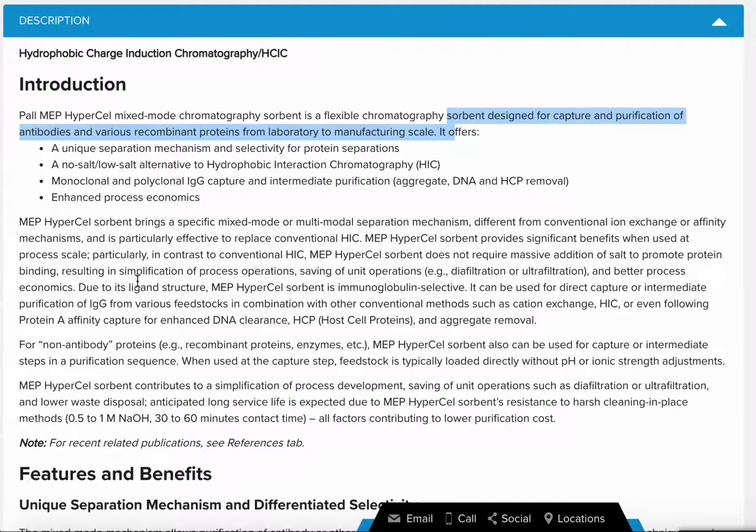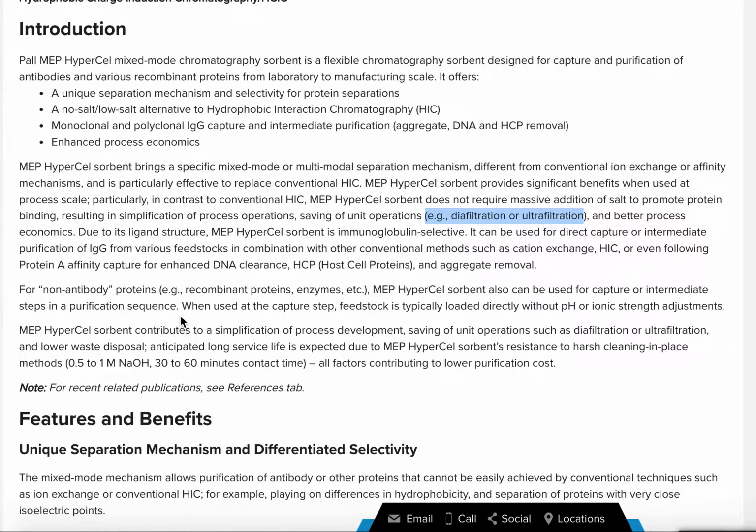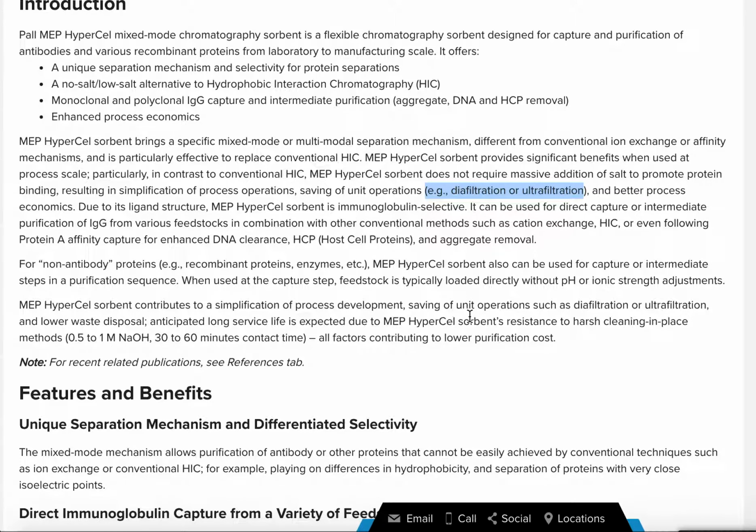So basically, with this step you don't need UFDF, diafiltration and ultrafiltration, so there is a saving of unit operation, and to promote protein binding, resulting in simplification of process operation. MEP HyperCel sorbent contributes to a simplification of process development, saving of unit operations such as diafiltration and ultrafiltration, as mentioned before, and lower waste disposal.